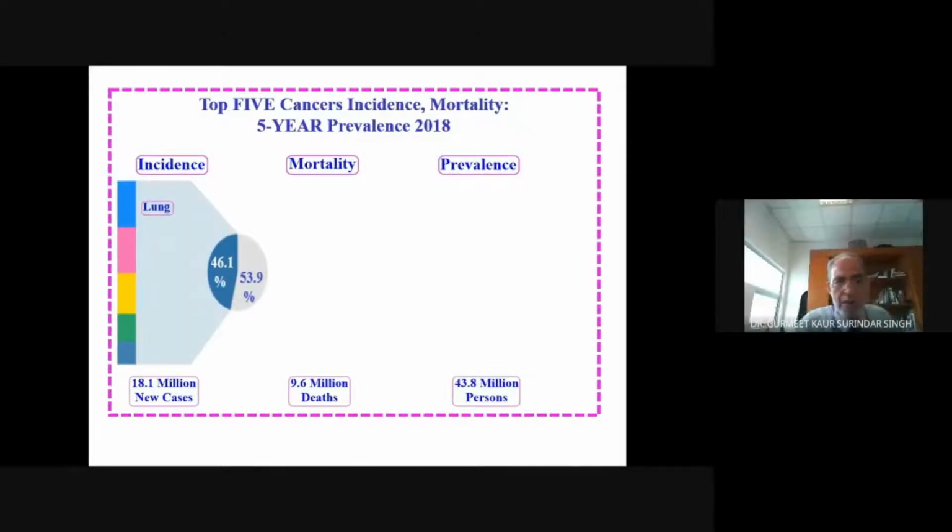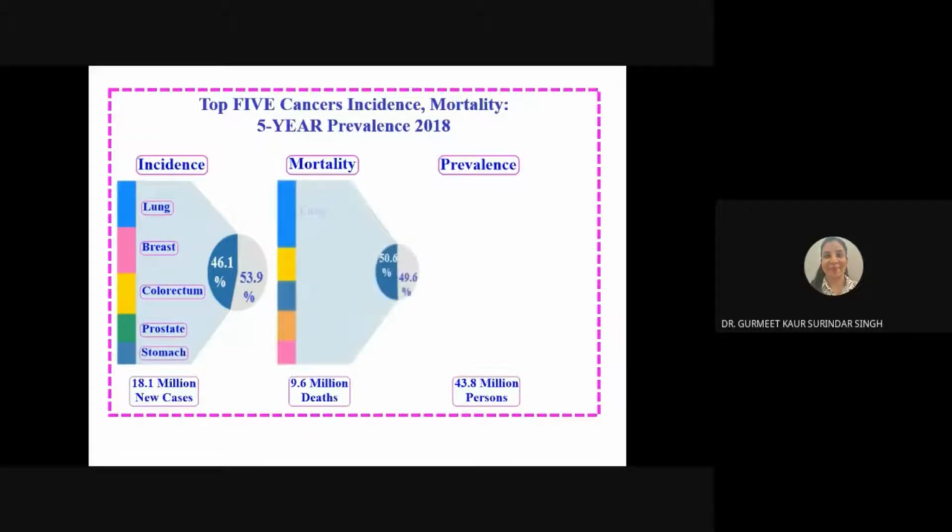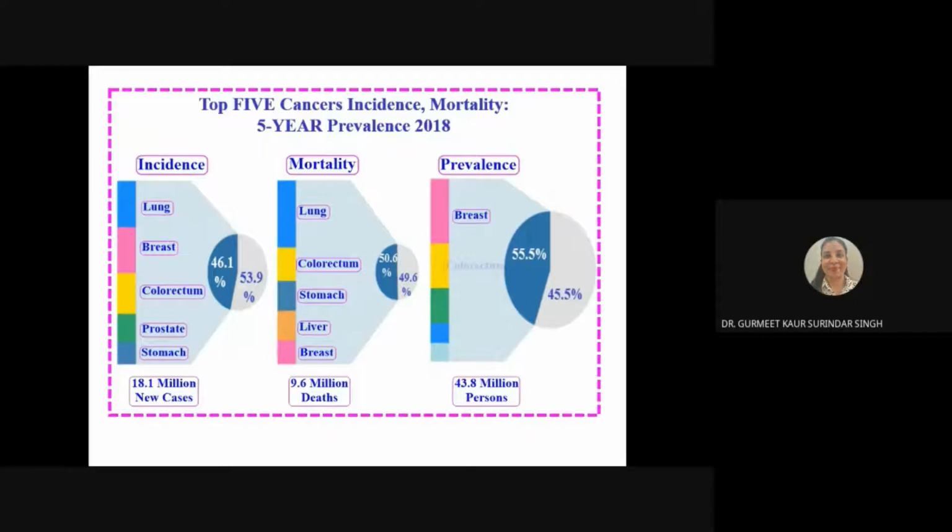The most common cancers by incidence are lung, breast, colorectum, and prostate. For mortality, the highest are lung, colorectum, stomach, liver, and breast. However, the prevalence is highest for breast, colorectum, prostate, lung, and thyroid. So we can see that breast and colorectum could be considered the major cancers regarding incidence, mortality, and prevalence.